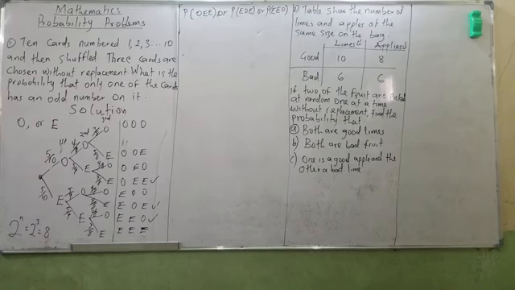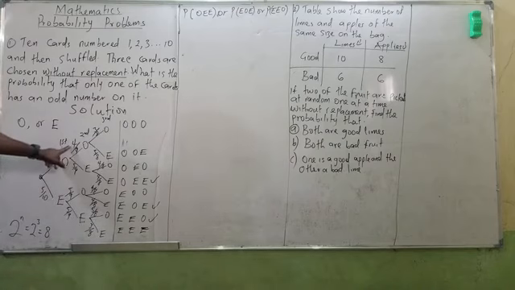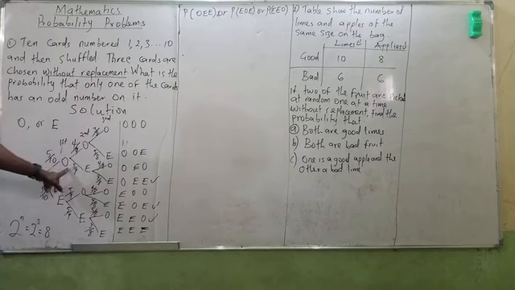Okay, since we have done that, do you know why I'm doing it like this? There are 10 cards. The probability of odd is 5 all over 10. The probability of even is 5 all over 10. In the second place, you are without replacement, so I'll be having 4 all over 9, because 1 is taken from the total.